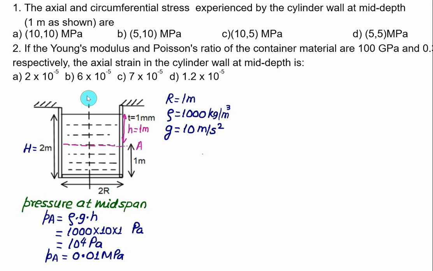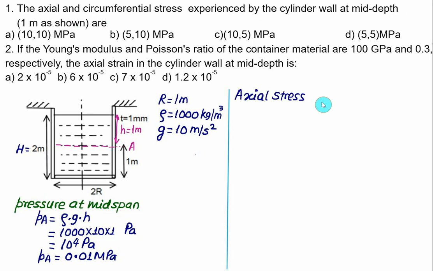So we calculate the axial and the circumferential stress at the midspan. Axial stress is represented by sigma L and is given as pressure multiplied by diameter D. We have to take the pressure at point A, that is at midspan, divided by 4 times the wall thickness T. Pressure you have to take in megapascal is 0.01.